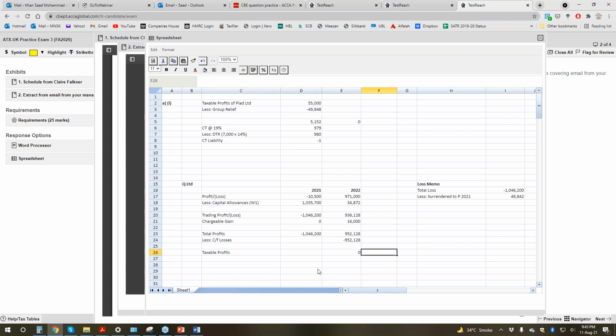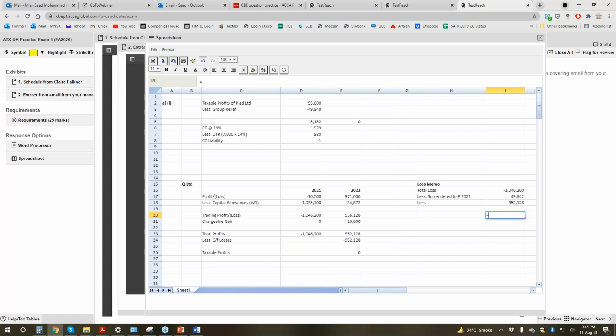However, I still have some losses left. 952,128 has been utilized against future profits. This amount has been carried forward against its own profit.